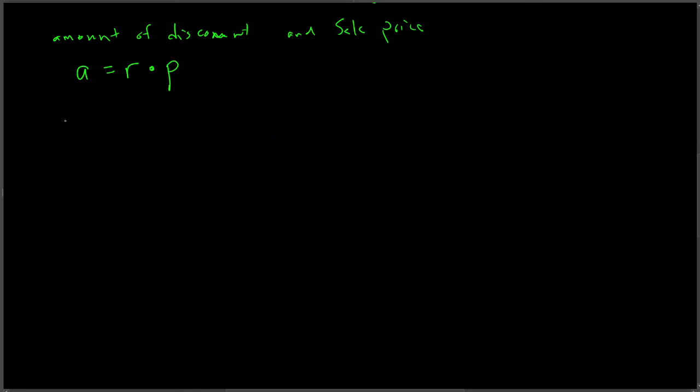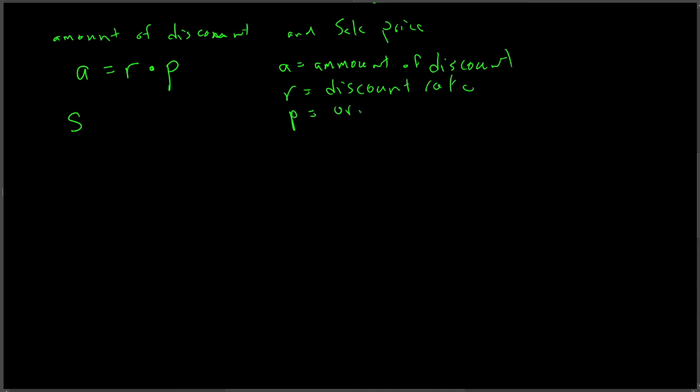A is the amount of discount, R is the discount rate, and P is the original price.